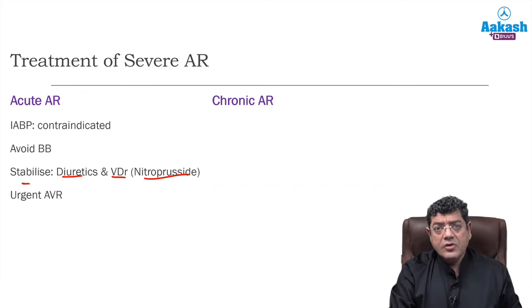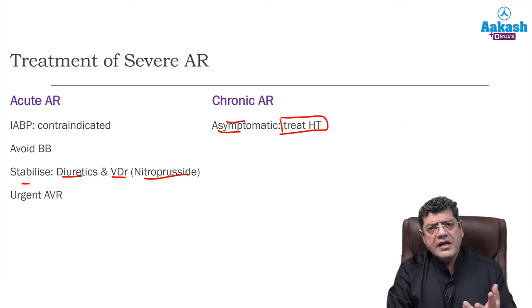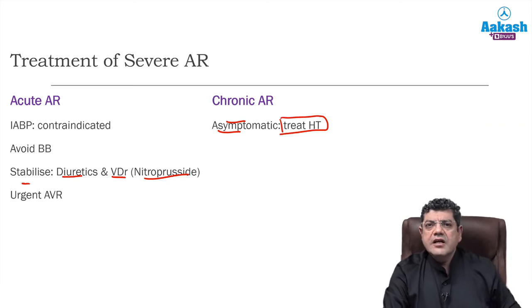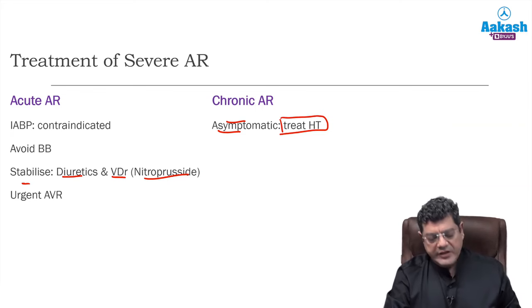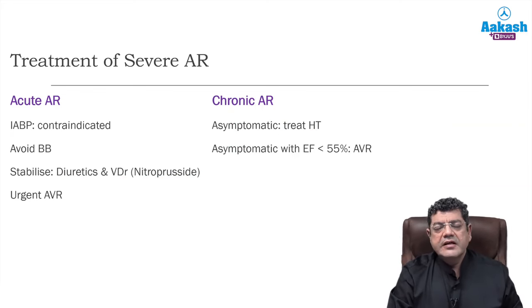And with chronic AR, what do you do? If they are asymptomatic, you just treat their hypertension because that helps. If you reduce the afterload on the left ventricle, function will not deteriorate as fast, isn't it?